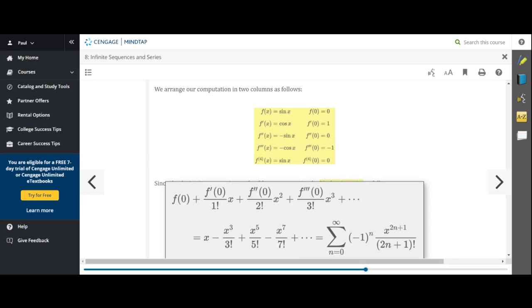Oftentimes, if you want to find a Maclaurin series for a function, you have to write out enough terms so that you can figure out the series.